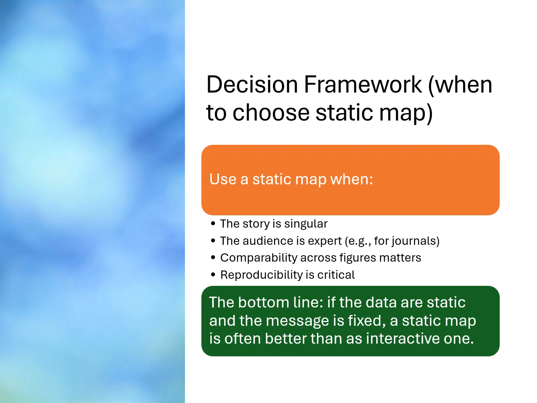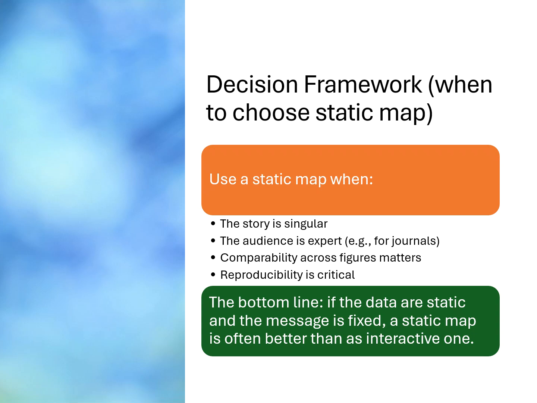So all the discussion we have, so decision framework, when to choose static map. We can use static map or thematic map when the story is singular, the audience is expert, you have a specific kind of audience in your mind, you want comparability across figures, and reproducibility is critical in those kinds of things. So the bottom line is, if the data are static, one-time information not regularly changing every month or every year, unless they have a repeated survey.